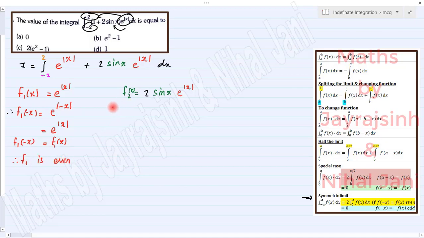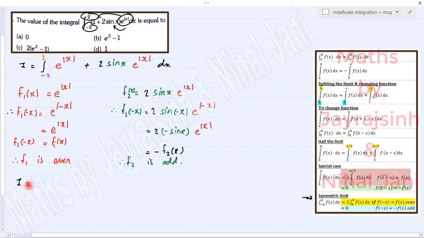Now, if we talk about f2, your f2(minus x) will be 2 times sin minus x into e raised to mod minus x, which will give us 2 times minus sin x into e raised to mod x. So here we'll get minus f2(x). So we can say your second function is odd function.